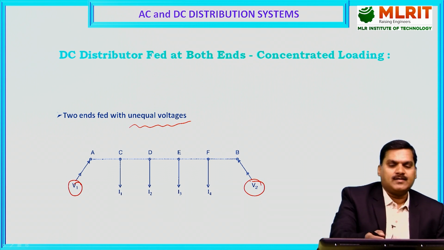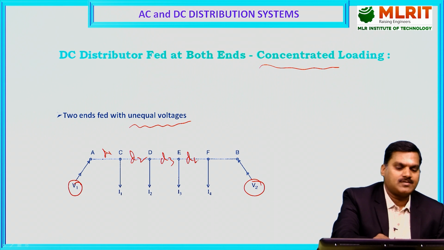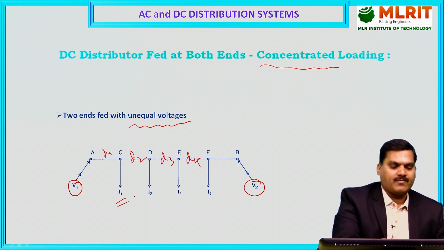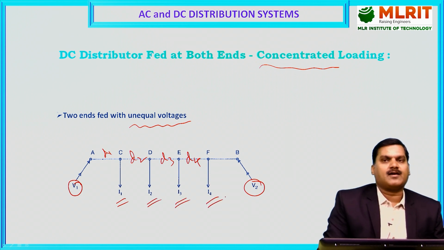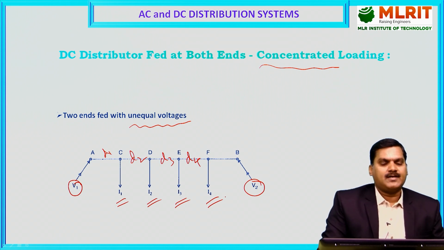And with concentrated loading in this case, this is D1 distance, this is D2 distance, D3 distance, D4 distance, and different currents are drawn at different levels. So, this is a DC distributor fed at both ends with unequal voltage, concentrated loading.